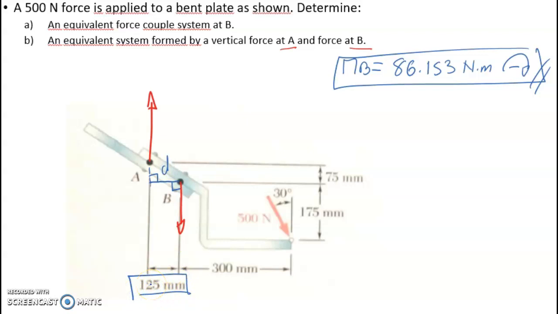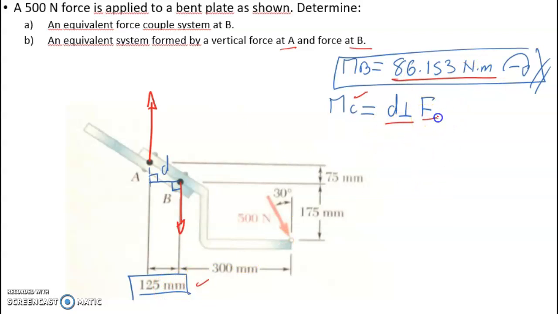So if we go back to how to calculate the moment of a couple, it equals the perpendicular distance times the force. Now we already know the moment, and we already know the perpendicular distance.